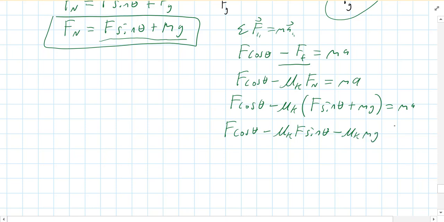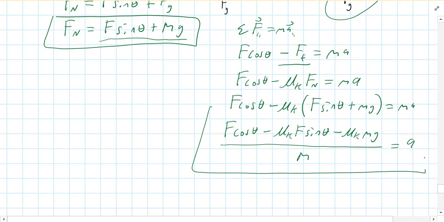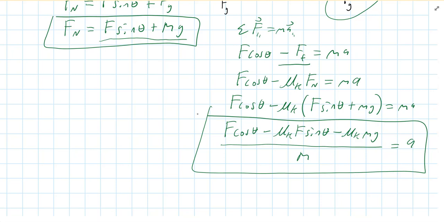And if I want to solve for a, I would divide all this by m. And that's going to give me my acceleration in terms of the givens and fundamental constants. Now if I gave you a value for F, mu, theta, and m, you'd be able to plug and chug and get an acceleration out of this.